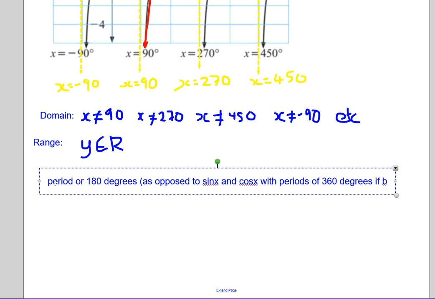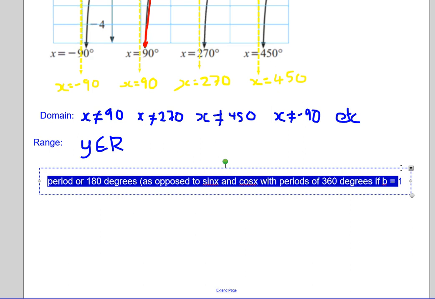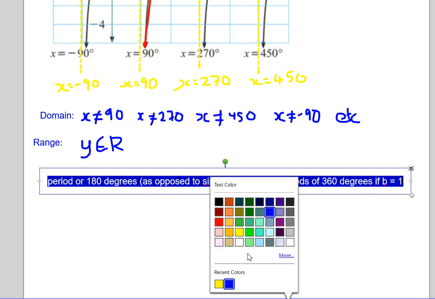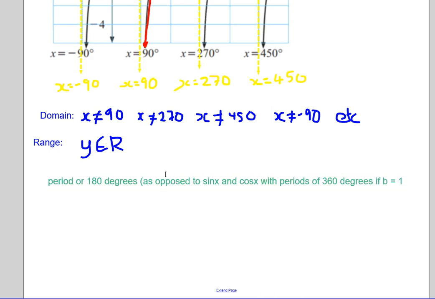So that's a different kind of thing, so I'll do that in a different colour. Anything else you might observe about these particular graphs? One thing that seems probably a bit obvious, but you might want to point out, generally it starts at 0, 0, similar to sine.